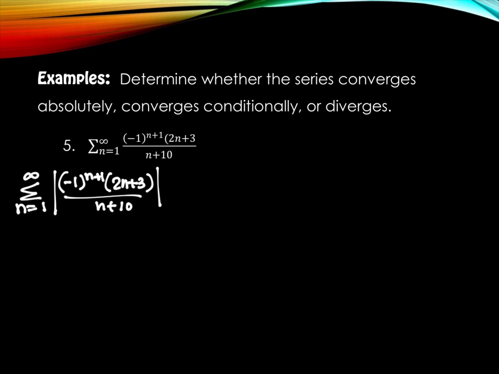And then the 2n plus 3 and the n plus 10 are both positive, so that ratio is also going to be positive. All right, so if I take the absolute value, I actually have the summation from n equal 1 to infinity of (2n+3) over (n+10). True? Okay.